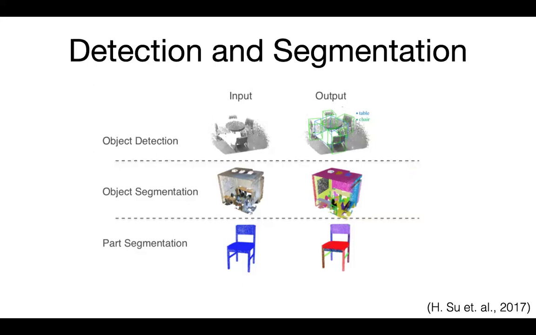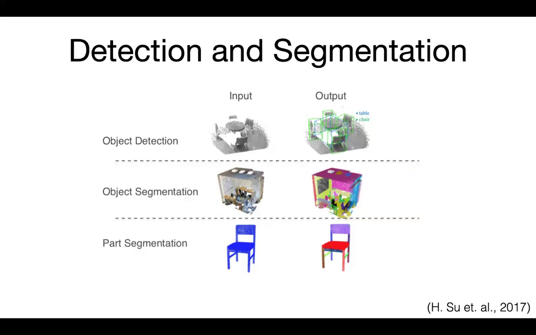We have as input different types of representations, and the output gives the bounding box of some objects, like the bounding box of a chair or of a table, so we know where things are in space, right?